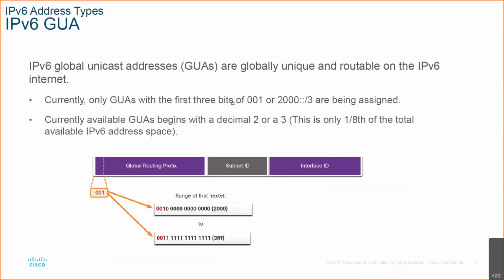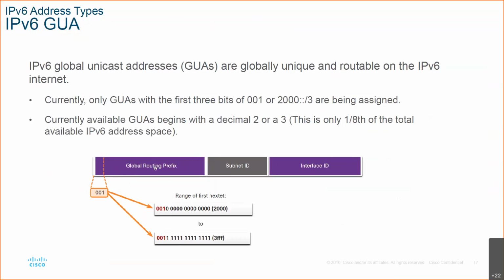And then 16 bits will be for our subnet, and whatever follows after that is our host. Out of the 48 bits, just take the first 3 bits. That's all we are using right now.